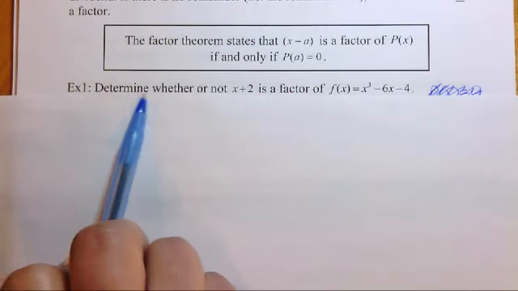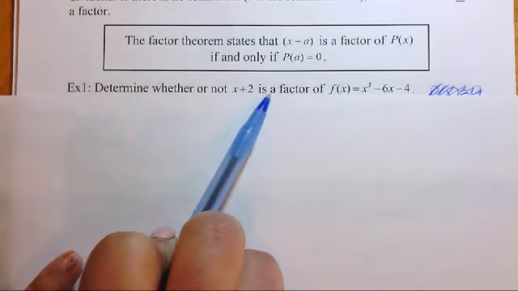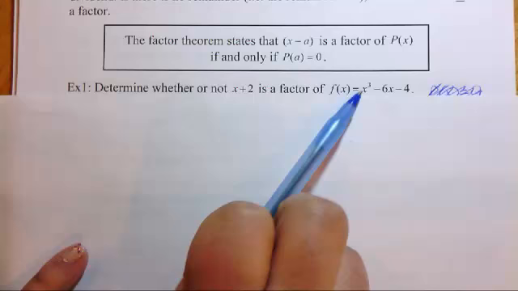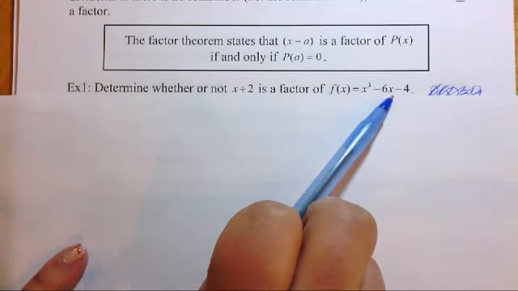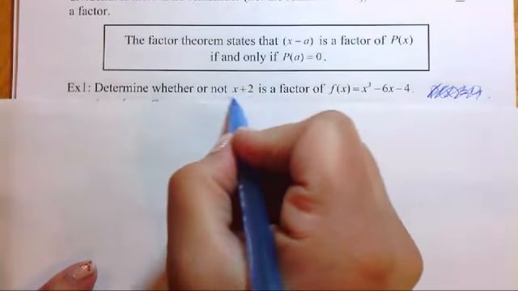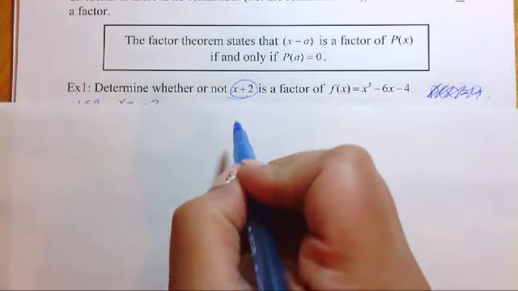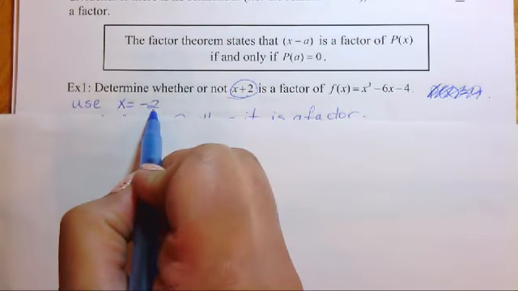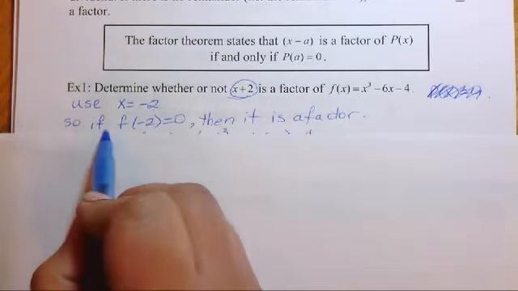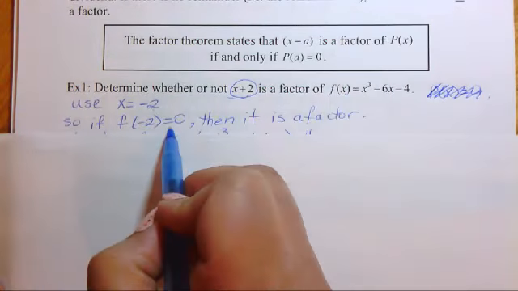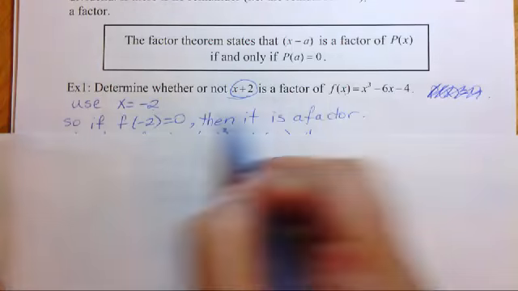Number 1, determine whether or not x plus 2 is a factor of f of x when f of x equals x cubed minus 6x minus 4. All right, because we have x plus 2, we're going to use x equal to minus 2. And then we're going to plug it into this polynomial to determine whether or not it is a factor. Now we want it to equal 0.